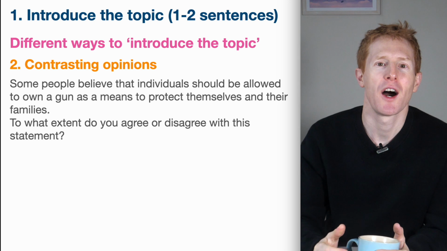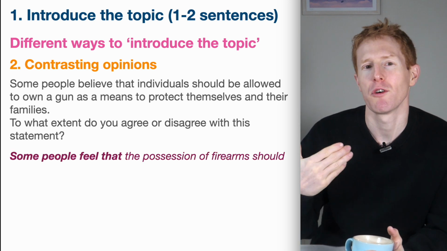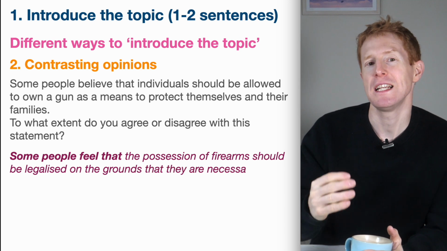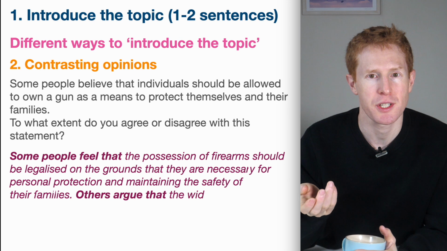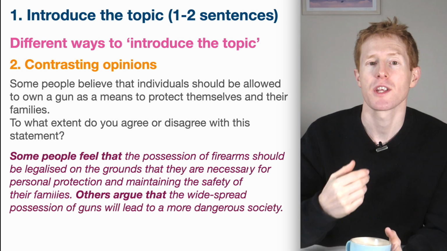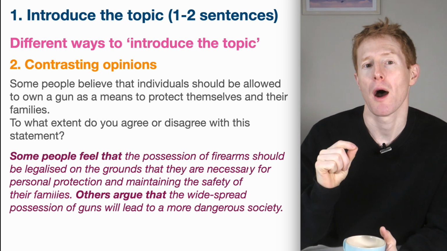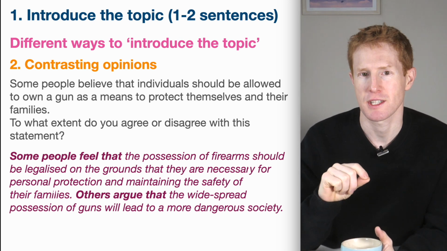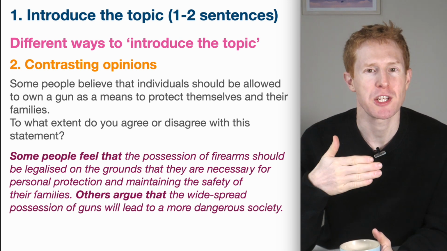Let's write our introduction. Some people feel that the possession of firearms should be legalized on the grounds that they are necessary for personal protection and maintaining the safety of their families. Others argue that widespread possession of guns will lead to a more dangerous society. Okay, so now we have a new template structure.